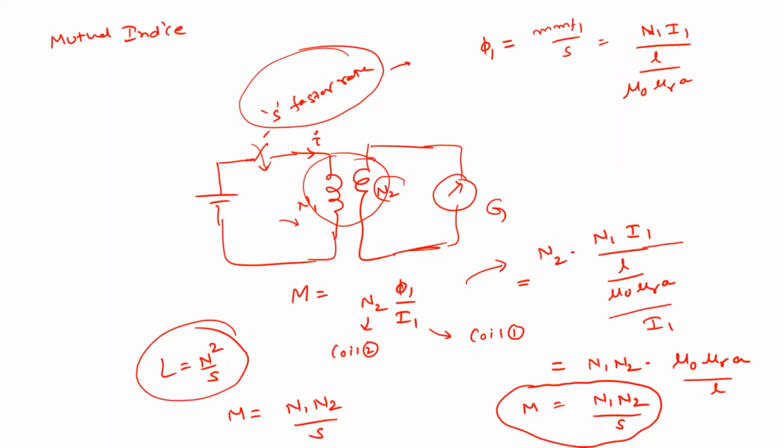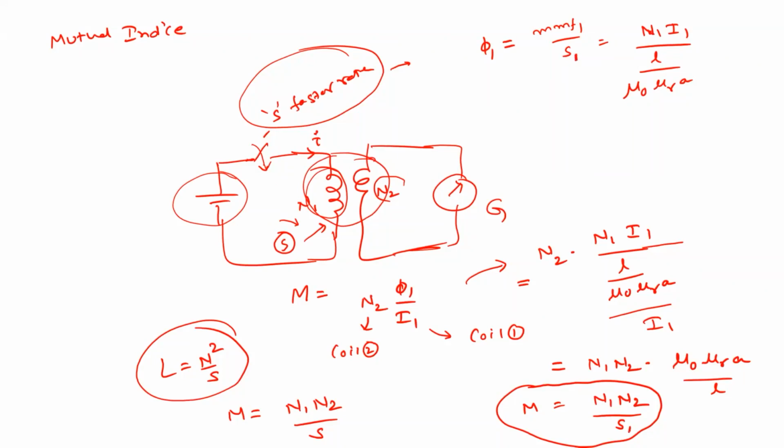See here, which one is energizing? The first coil is energizing. So obviously, whatever the S is, it reflects S here only. So to be specific, I can write S1 here.